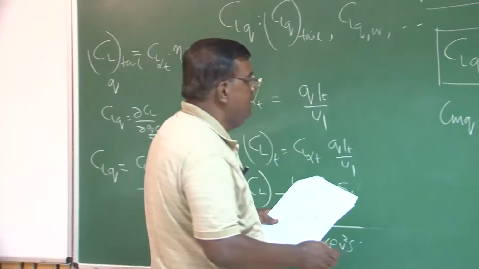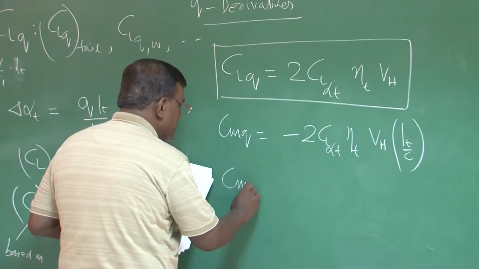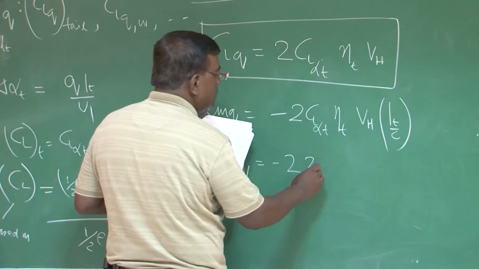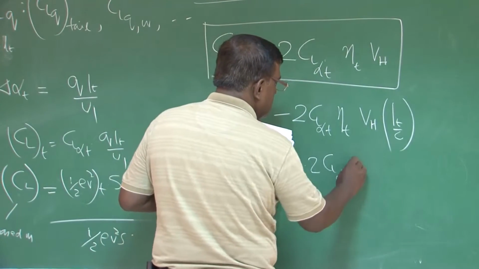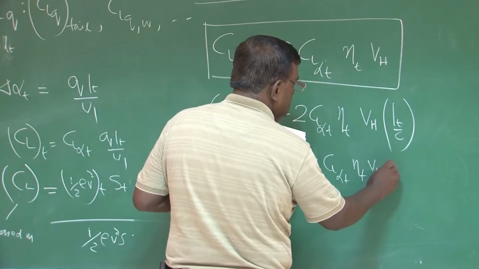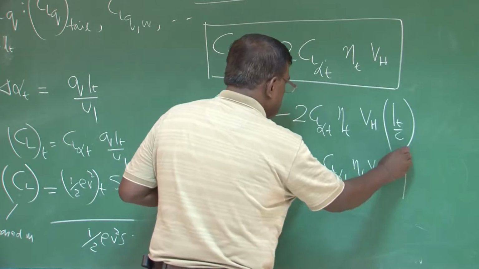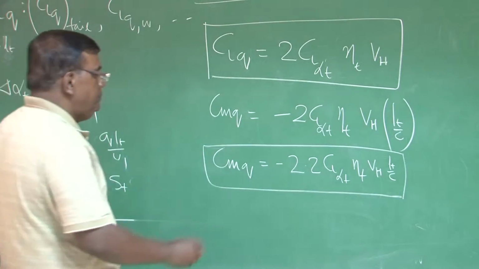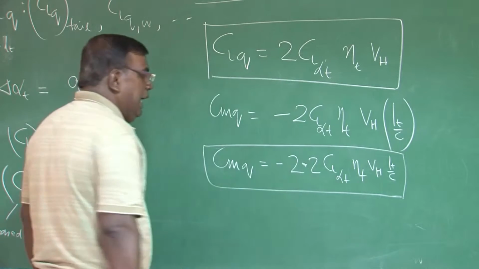So, as a design stage you can roughly take CMQ as minus 2.2 CL alpha tail eta T V_H L_T by C. This is also a very recommended value or expression at design stage.